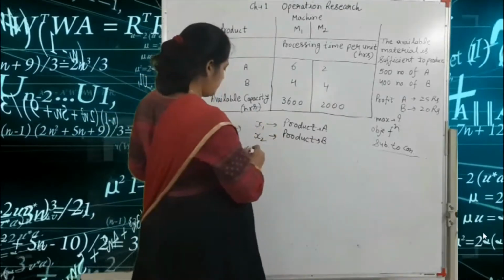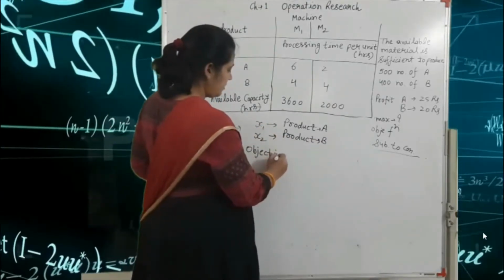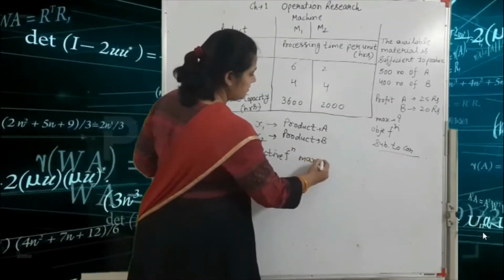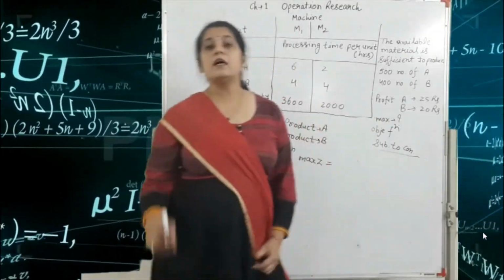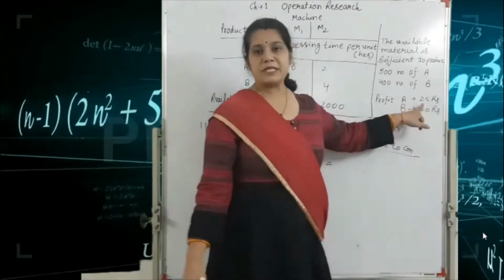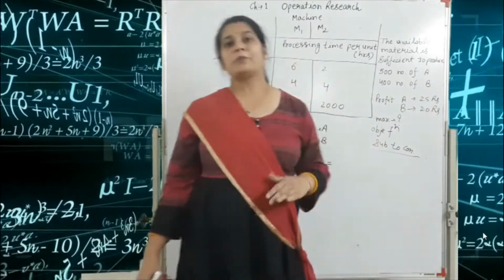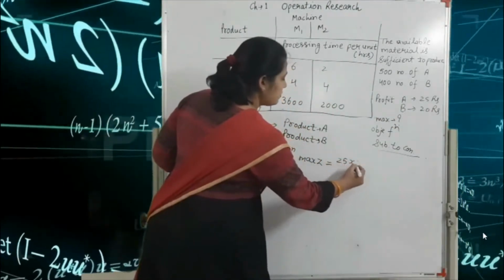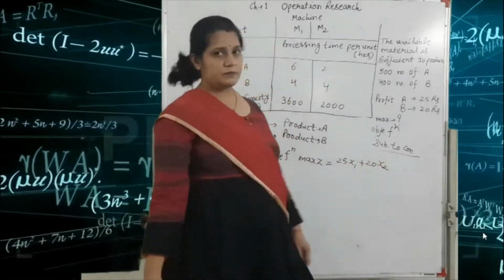We write maximize Z. Why maximize Z? Because the question is given in profit form. Here 25 rupees for product A and 20 rupees for product B, so we write 25x1 plus 20x2. Got it?